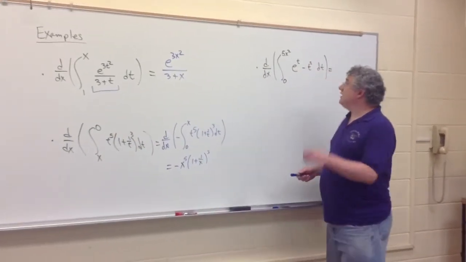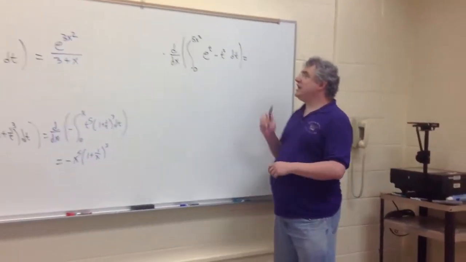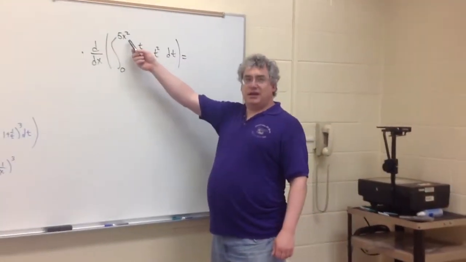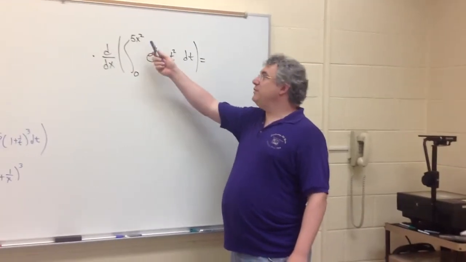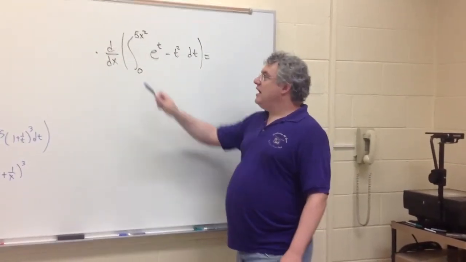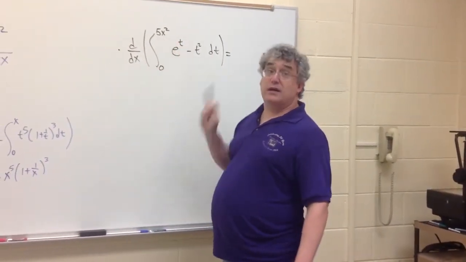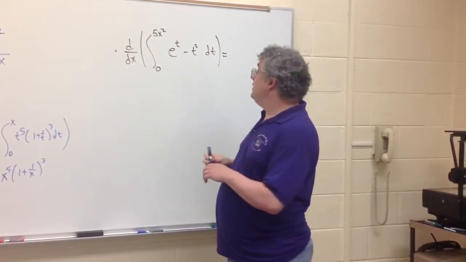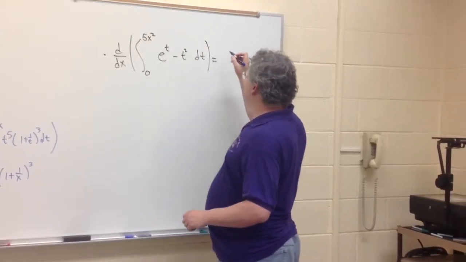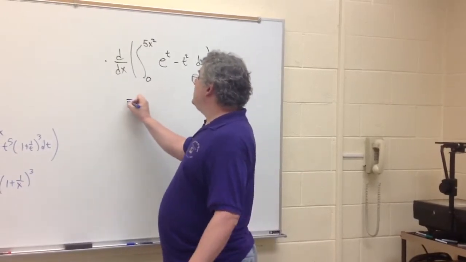Let's try one more, and we'll do this kind of together. So this one's trickier. The x is in the right spot here. It's on the top where we want it, but it's not x. It's 5x squared. x is our variable, 5x squared is not our variable, so this is tricky. Let's work it out.